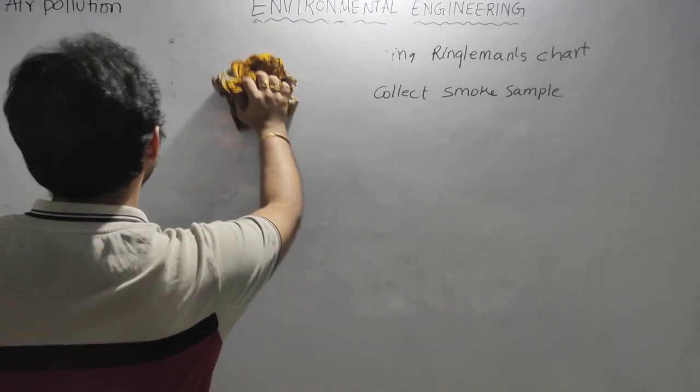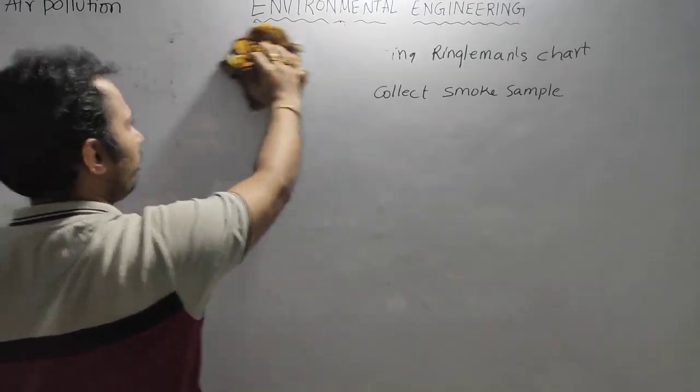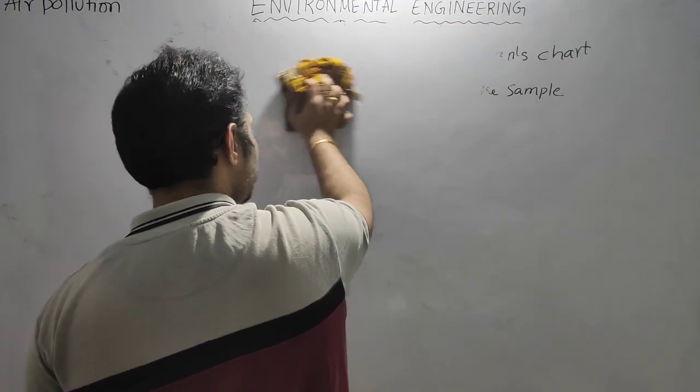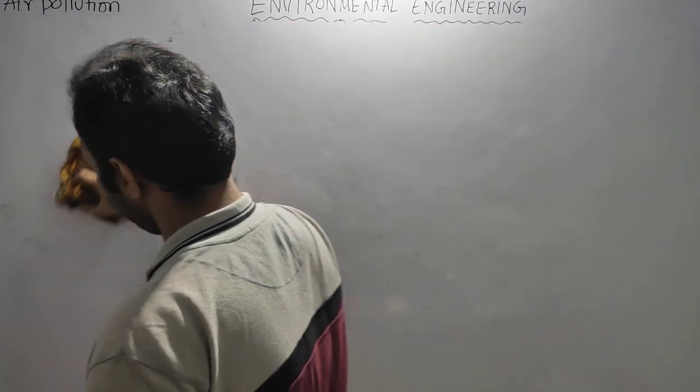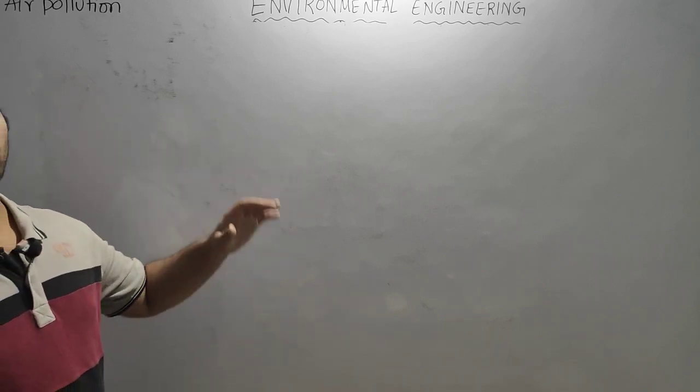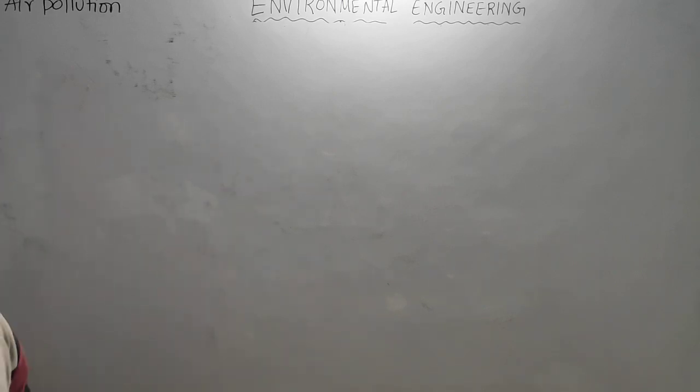Now, controlling of air pollution. So far we have discussed what the major air pollutants are, what primary air pollutants are, what secondary air pollutants are, how they are entering into the air, and how to control them.